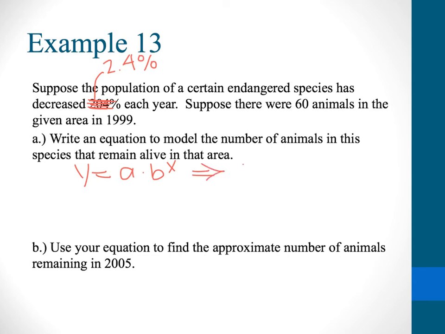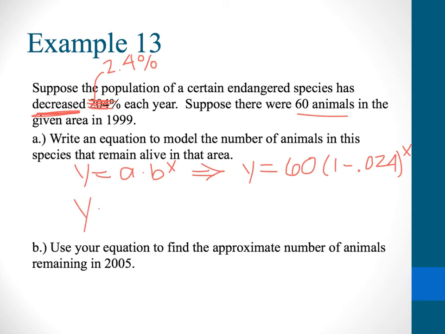If I rewrite this with what I know, my initial amount was 60 animals, so that's going to go in for my A. My B value is either going to be a 1 plus or a 1 minus. Well, because it tells me that I'm decreasing, that tells me I'm going to be subtracting from 1. So my 2.4% has to be converted into a decimal, or 0.024. And then we're going to raise that to the power of x.